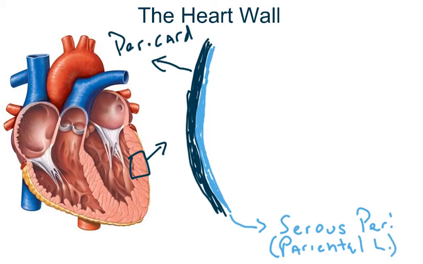Okay? And then just beyond that, on the inner side of the serous layer here, we actually have what's called the peritoneal cavity. All right? And so the peritoneal cavity right here is just an empty space.